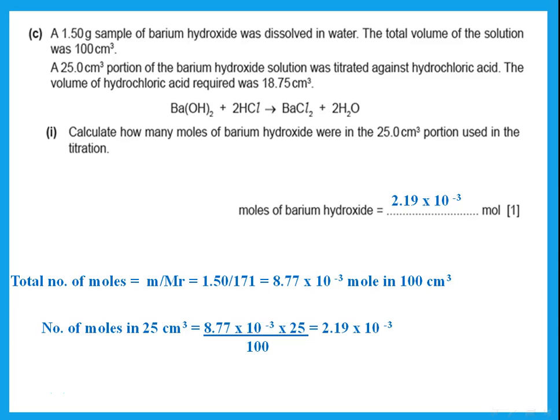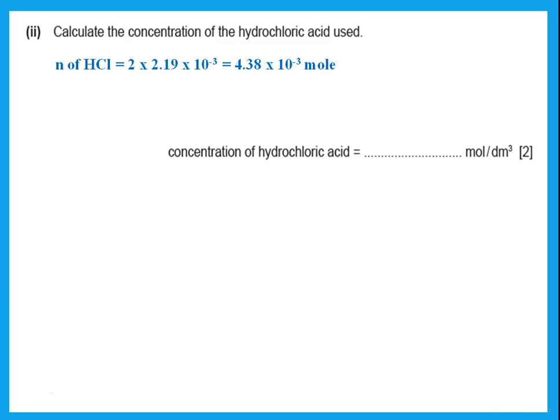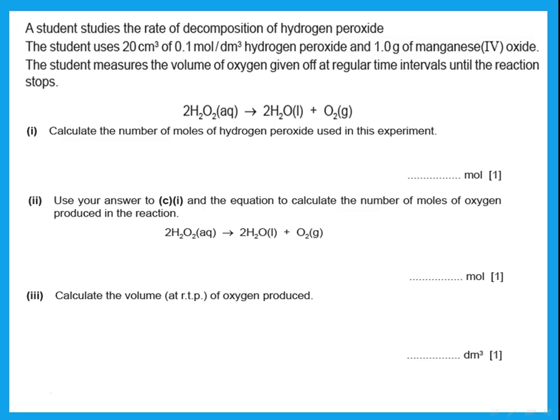Remember that the equation says if I have 2.19 times 10 to the minus 3 mole of barium hydroxide, the number of moles of HCl should be twice that. So that is the number of moles of HCl. From that I can get concentration. Concentration is number of moles over volume, the number of moles that we calculated over the 18.75 in dm³. So this is the concentration of hydrochloric acid.